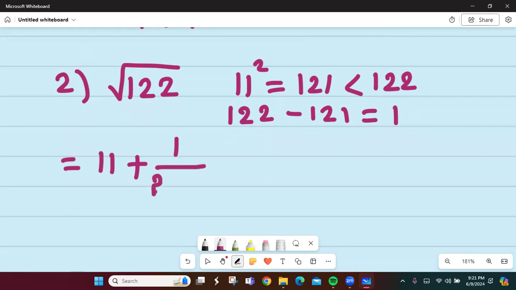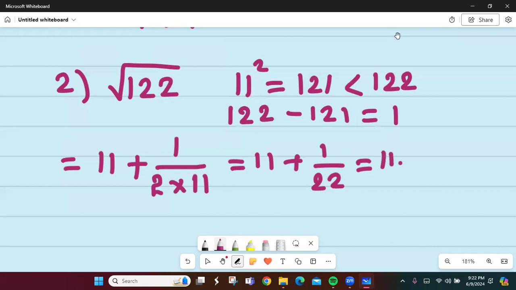Always divide first by 2, and then in this case, since the nearest square is 11, multiply here by 11. That gives you 11 plus 1 upon 22. And so the approximate value of square root of 122 is 11.04545.